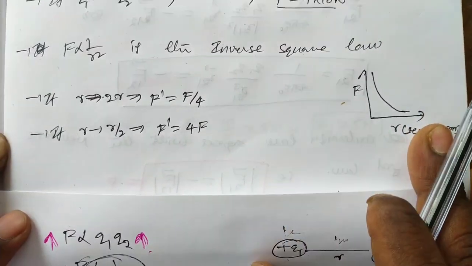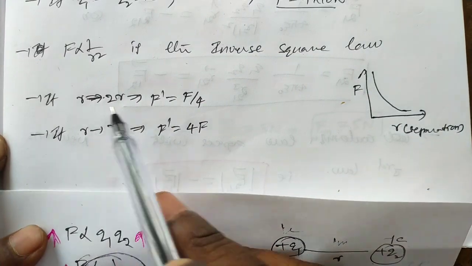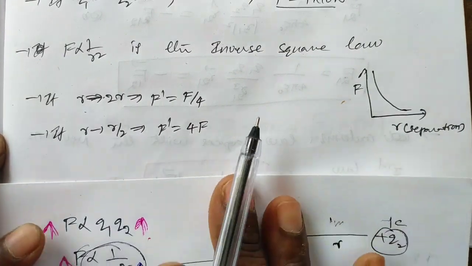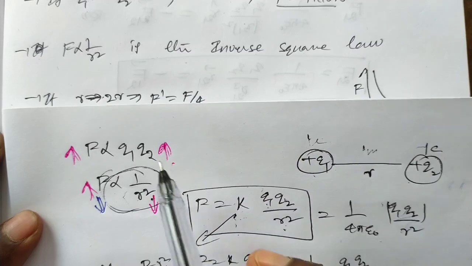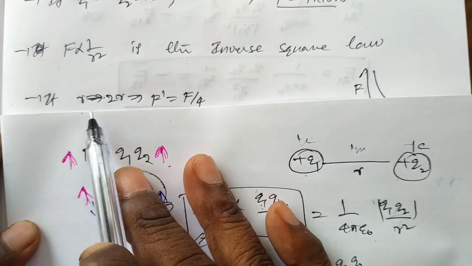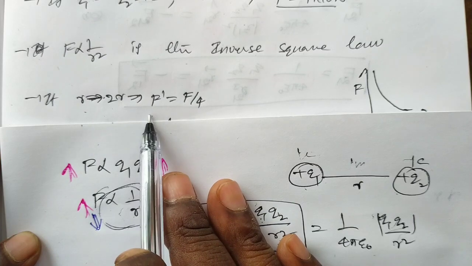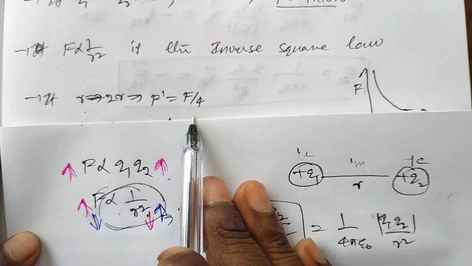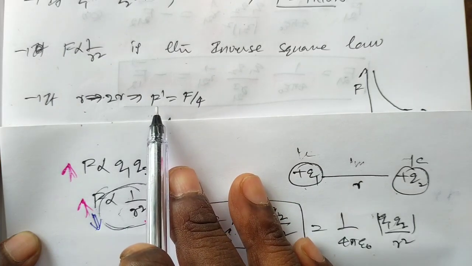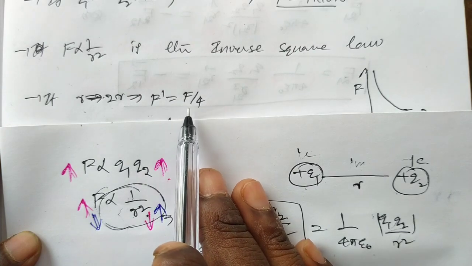From the above equation, suppose r becomes 2r, we get F dash. The resultant force is F by 4.